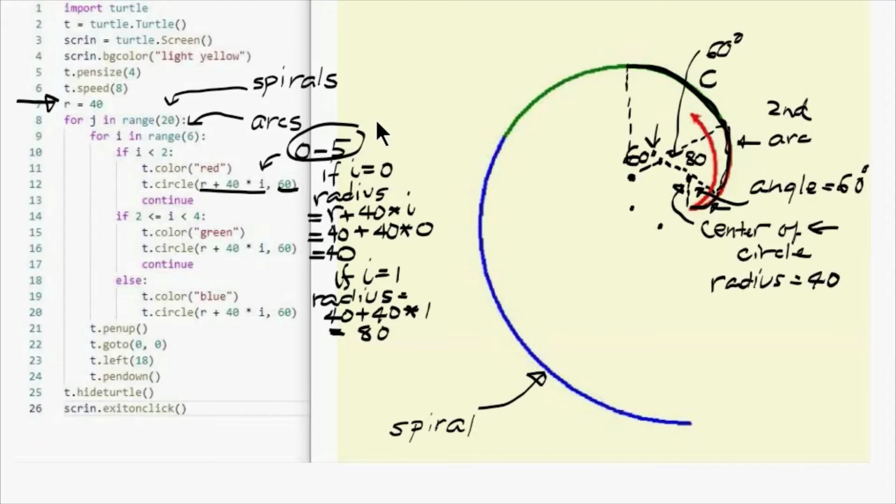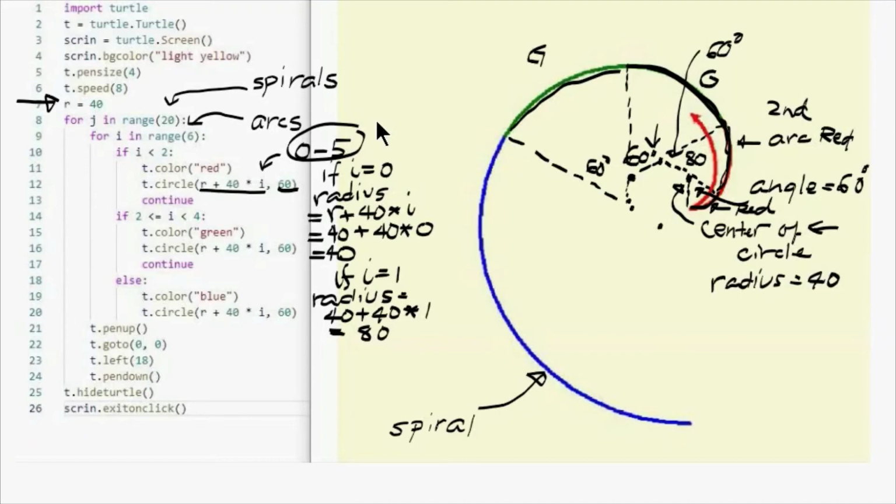So this is green here. Incidentally, the first arc here was red. We continue generating the arcs. The next center of the circle is this one here, and this is the radius, again with 60 degrees. This is the fourth arc, and this is green.